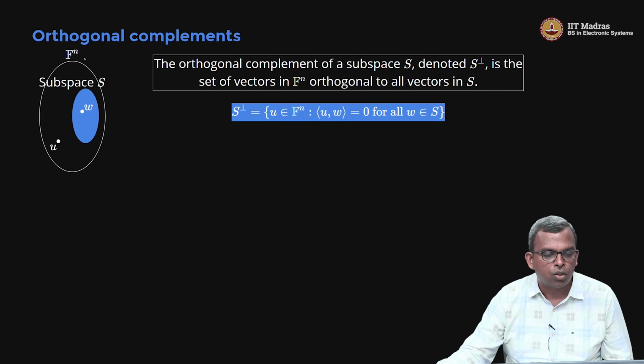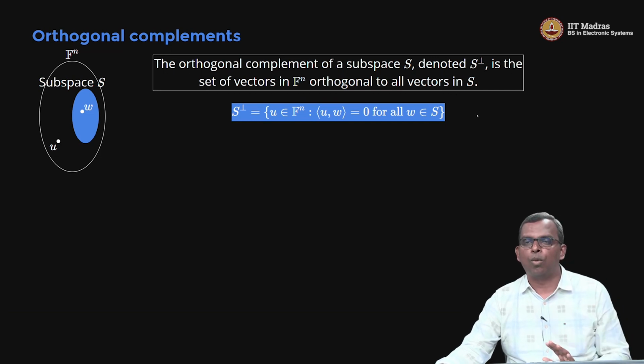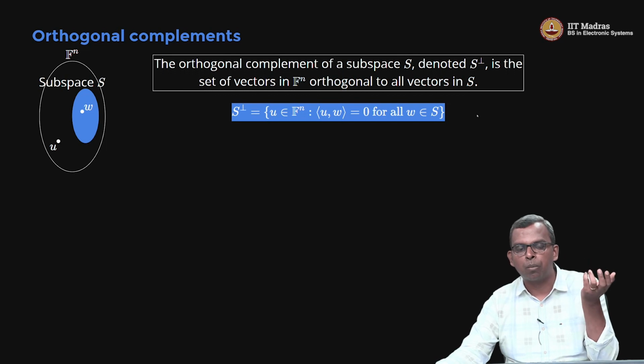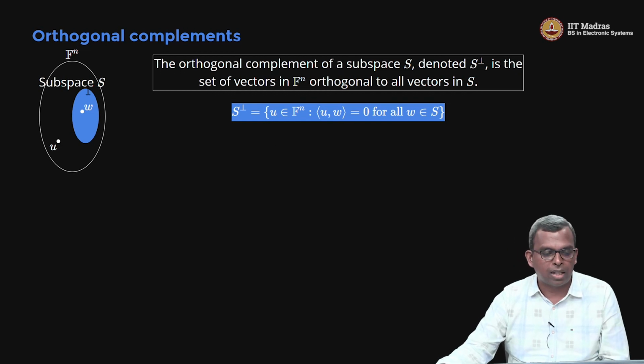You have Fn and you have the subspace S, and the orthogonal complement of a subspace S, denoted S perp, is the set of all vectors in Fn which are orthogonal to all vectors in S. All these projections, the perpendicular lines that we had before, these v minus w star type vectors, you collect all of them together and you form S perp. They have to be orthogonal to every vector in S. That is what this definition tells you.